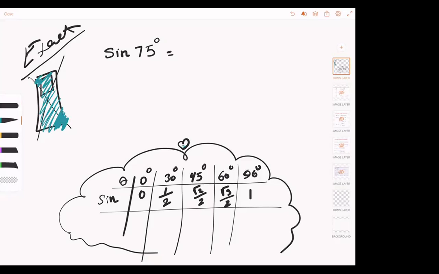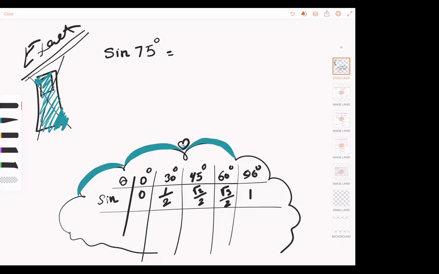Square root 6 plus square root 2 over 4. That's not right? Anyway, you have to show your work. What is the exact here?